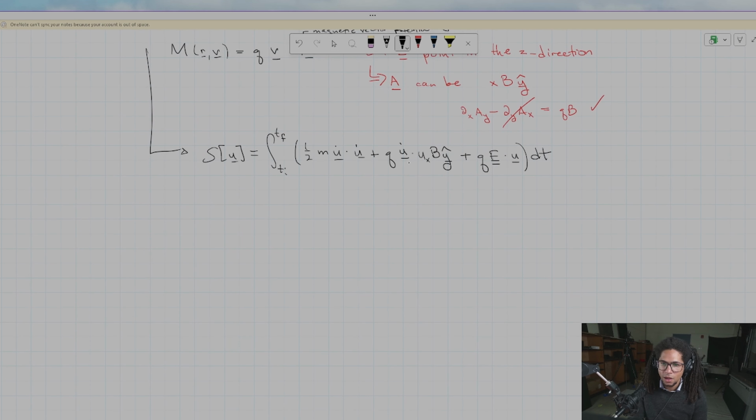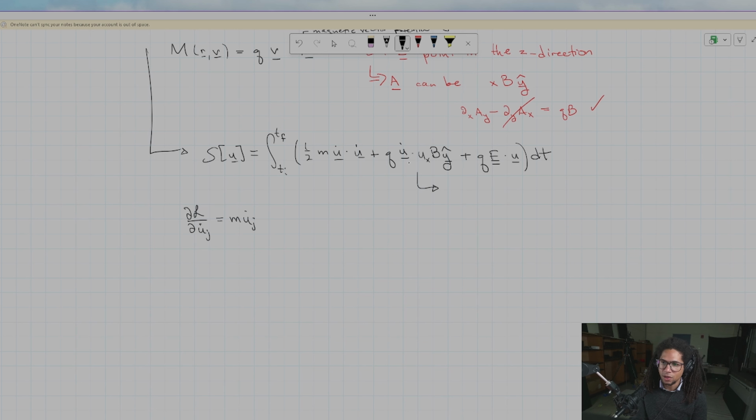Good. Now things get more interesting in this case, because when we take our velocity derivative, dL over d u dot j, what do we get? We get exactly what we had before, which is m u dot j, but we get something else too. Let's write out this vector.